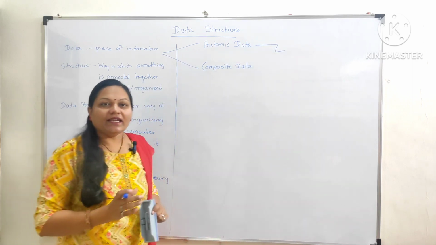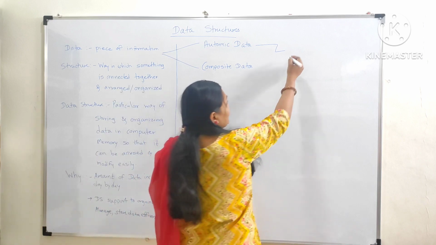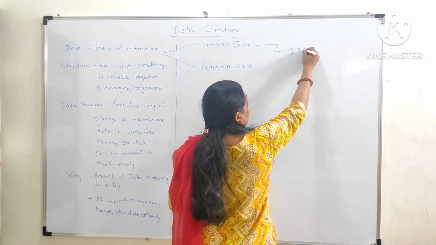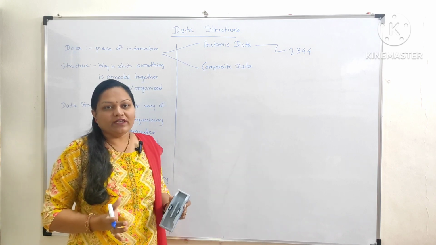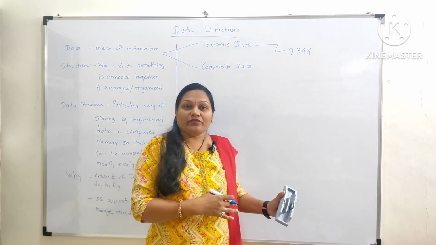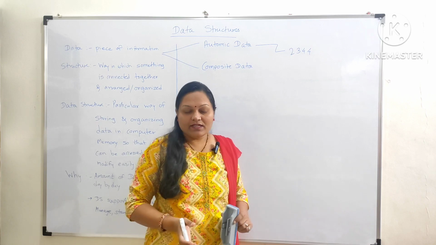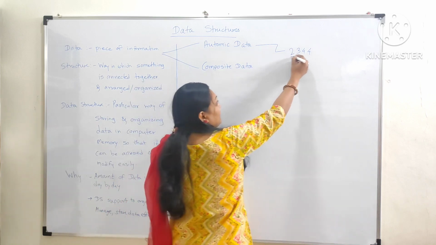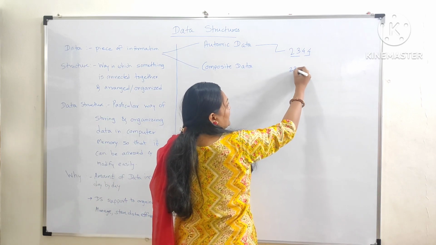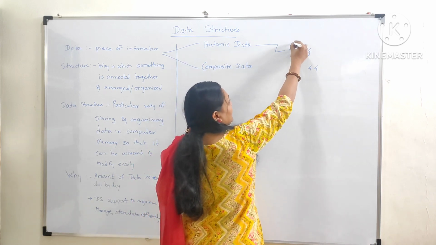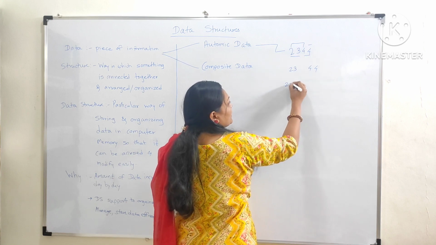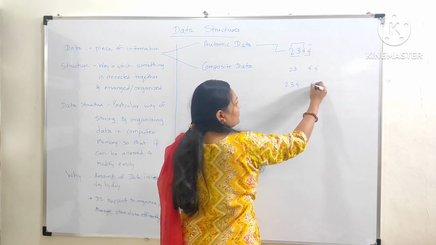If you consider any integer value, for example 2344, if you want to divide it, we cannot divide, because after division the meaning will be changed. Let's see, if you divide this number into two parts, 23 and 44, again you can divide like this also, that is 234 and 4.